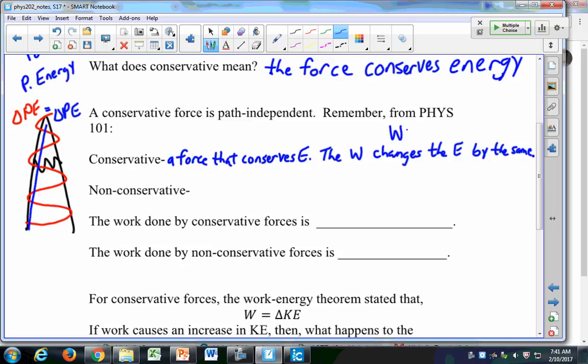That is, that work is equal to our change in energy. There's no lost energy. And a non-conservative force doesn't conserve energy. In this case, the work done is generally greater than the change in energy because you're losing energy. The work done by conservative forces is path independent. The work done by non-conservative forces is path dependent.